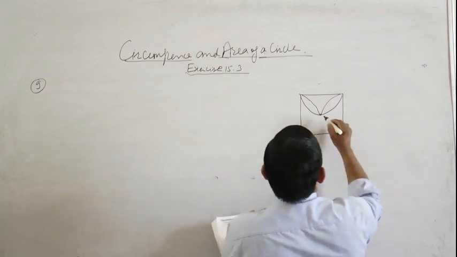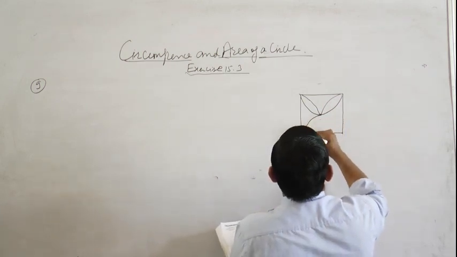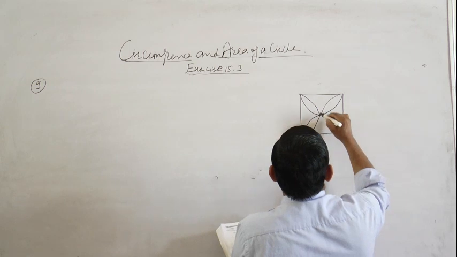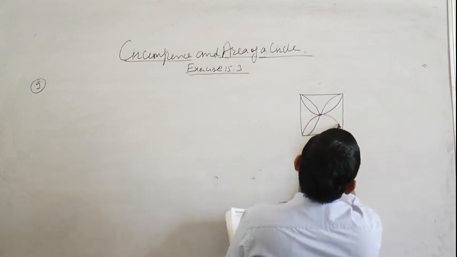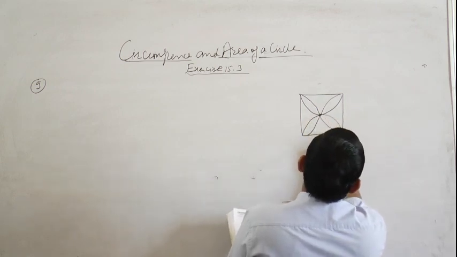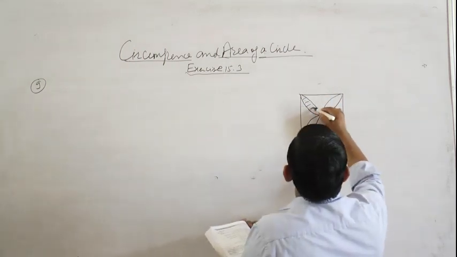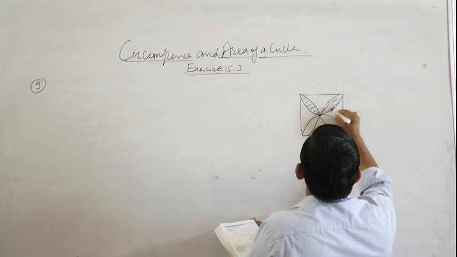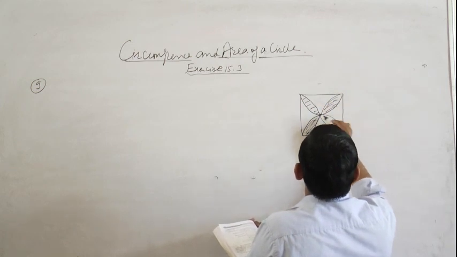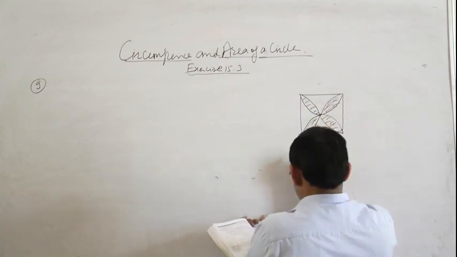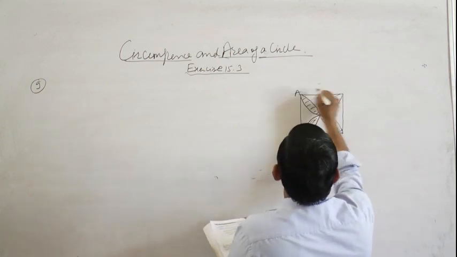ABCD is a square with side 10 centimeter. We want to find out area of shaded region. This region is shaded.